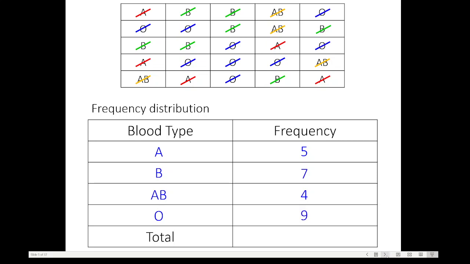So you have 9 over there, and altogether 25 people have been surveyed and their blood types recorded. So this is how you come up with a frequency distribution using the tallying procedure. Okay, we call this procedure the tally procedure, T-A-L-L-Y.